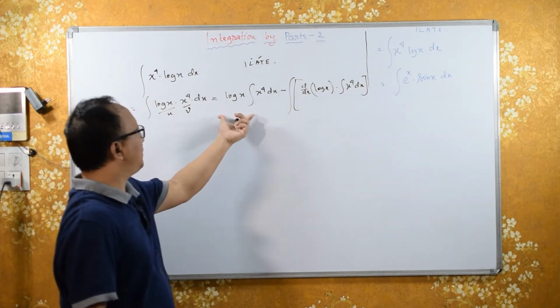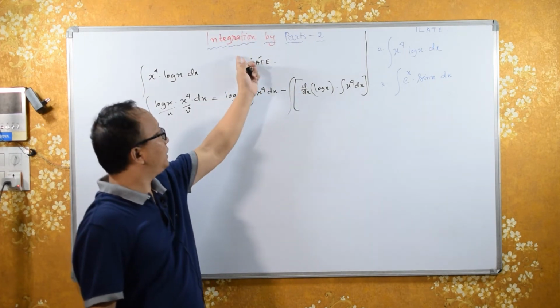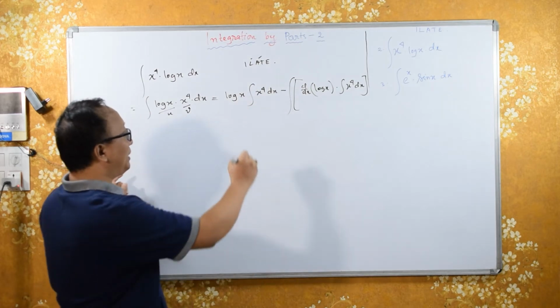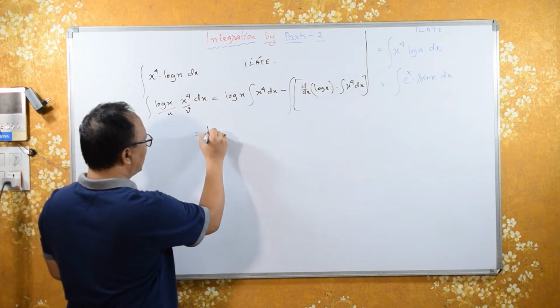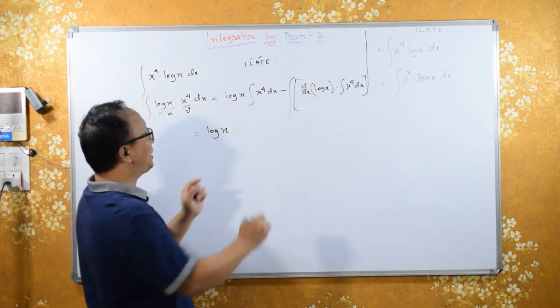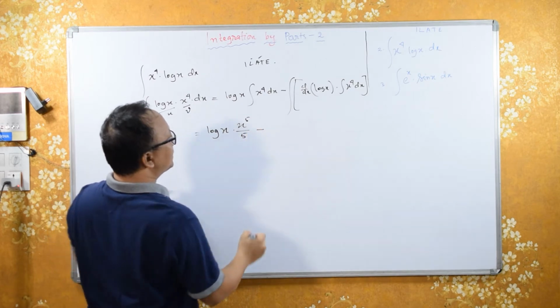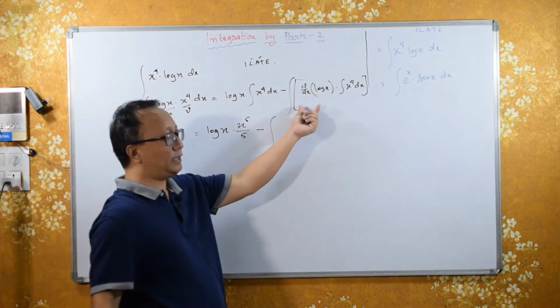Okay, this is by the u into v rule for integration by parts. We have already spoken the formula. So therefore this is the same as log of x, integral of x raised to 4 is x raised to 5 upon 5, minus integral d by dx of log x is what?